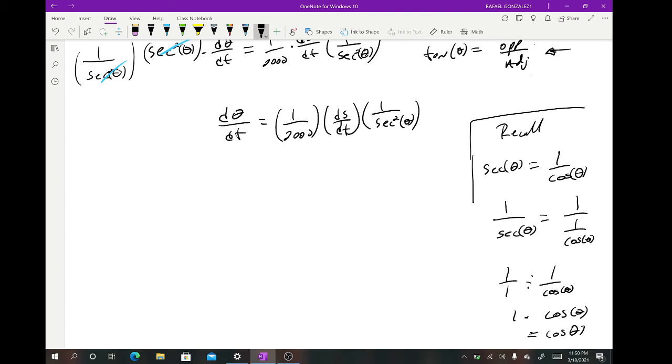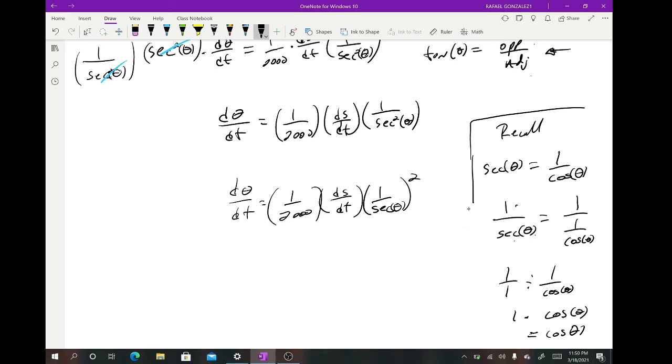So 1 over secant squared of theta is actually the same thing because we could pull out this square sign. So we have d theta dt is equal to 1 over 2,000 times ds dt times 1 over secant of theta squared. I'm allowed to do that.